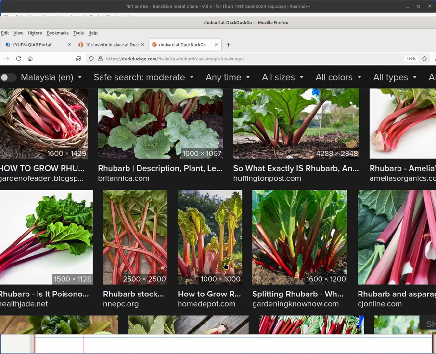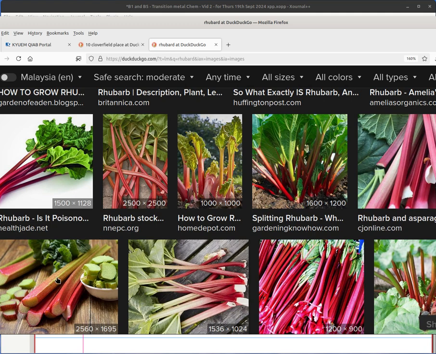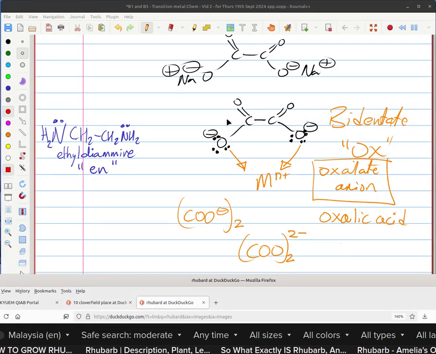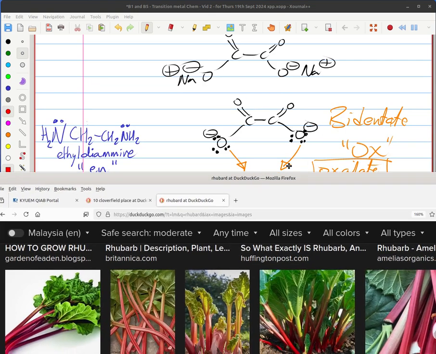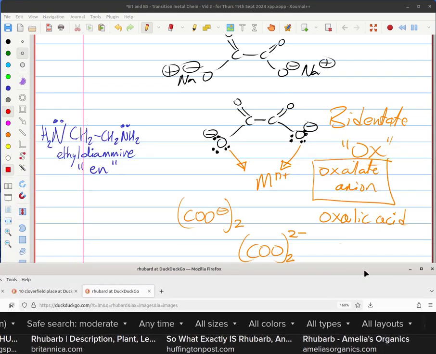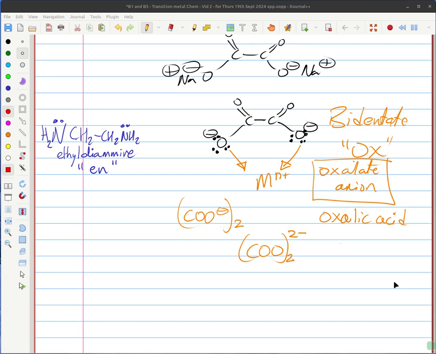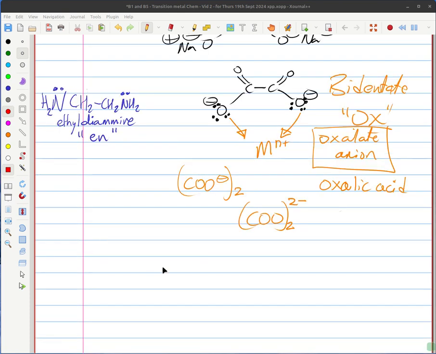They eat the nice pink-colored stalk. If they eat the green stuff, they're in trouble, because the green stuff contains oxalic acid. It contains ox. So if you eat it, it's going to be a bit like cyanide. It will start sticking to the metal ions in your body, and it will disrupt your body chemistry, and you can actually get quite sick. You can even die if you eat too much of it. So if you want to eat rhubarb, no problem, just don't eat the leaves. Okay, so that's a bidentate ligand.